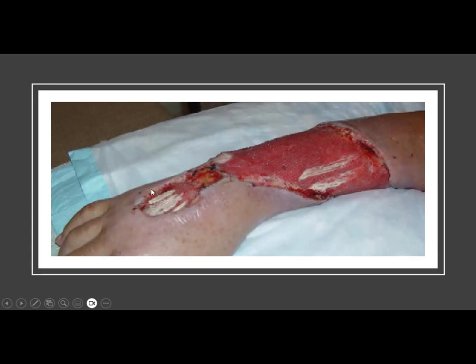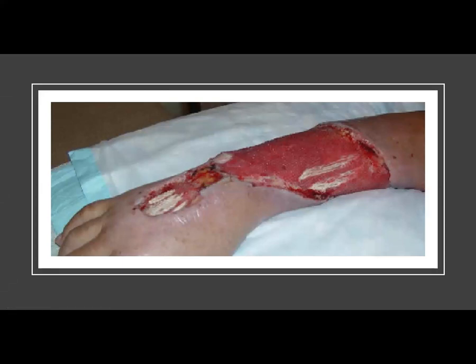This is very toxic to tissue, because remember, these cancer agents destroy all rapidly growing cells. When it got into the skin here, it basically eroded all of this area. So as soon as you see signs and symptoms of that, turn off the pump and see what's happening.